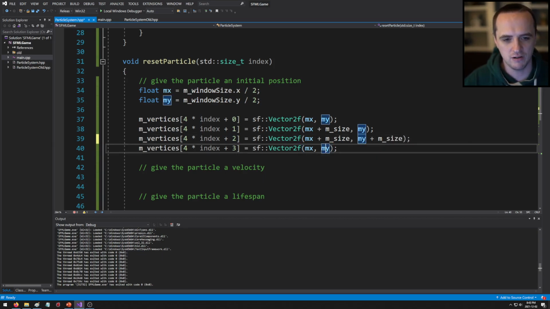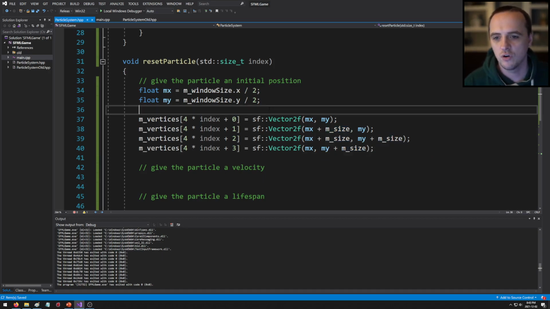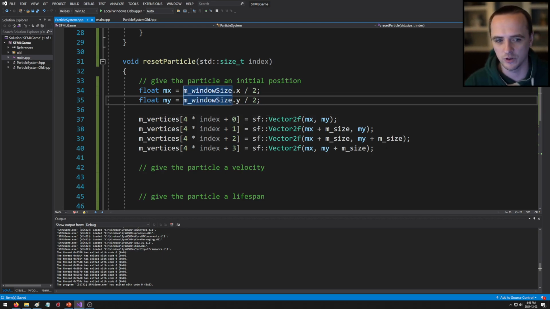And then down here, we have mx and my plus m size. So we've given each of our vertices their initial position, which is the very center of the screen. If you wanted to make this initial position somewhere else, that's fine. You would just change it up here, but this is what we're going with for now.